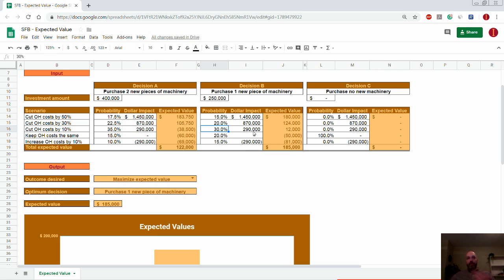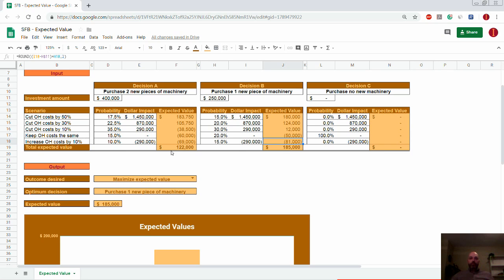We know it's going to be positive because the impact's greater than the cost, the benefit's greater than the cost, and then it's times 0.3, that's 12,000. Now in the case here of decision C, of course it's 100%. We know what's going to happen. We don't purchase new machinery, no dollar impact, no amounts there.